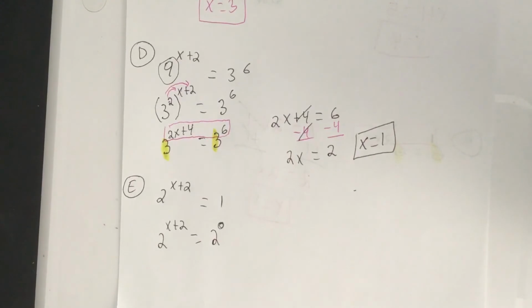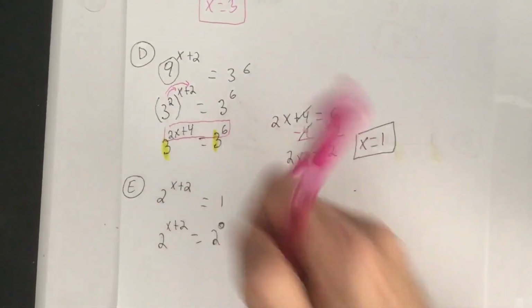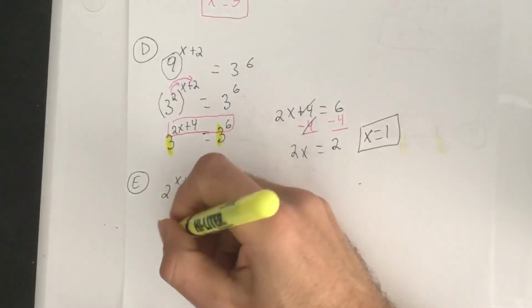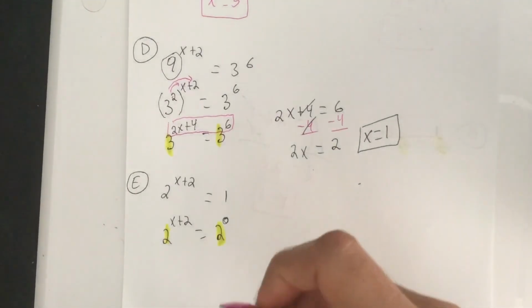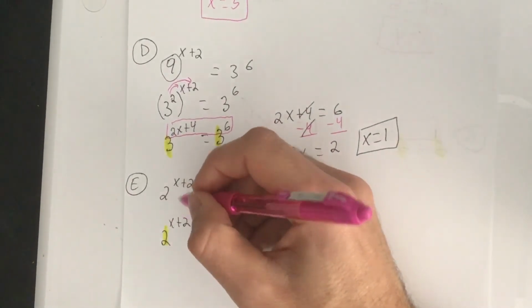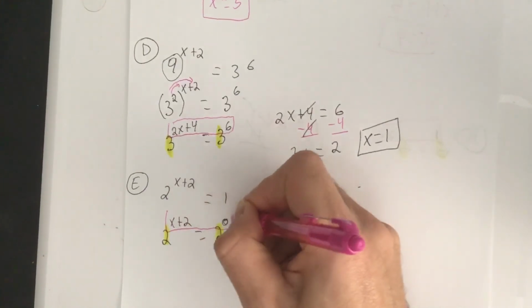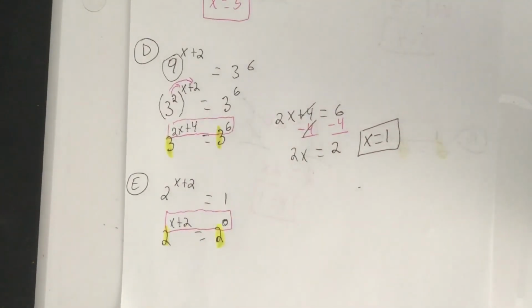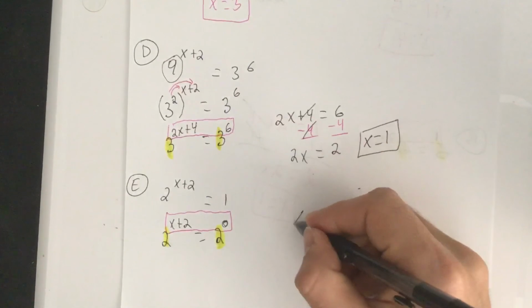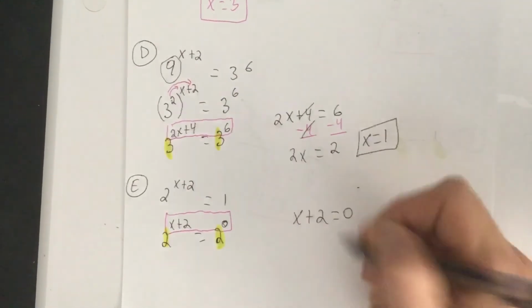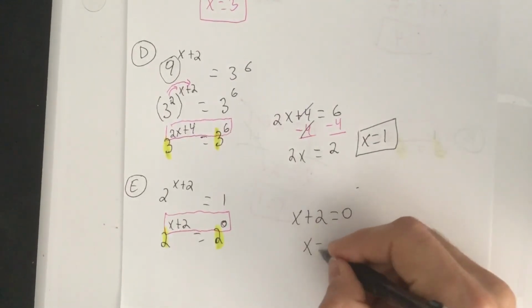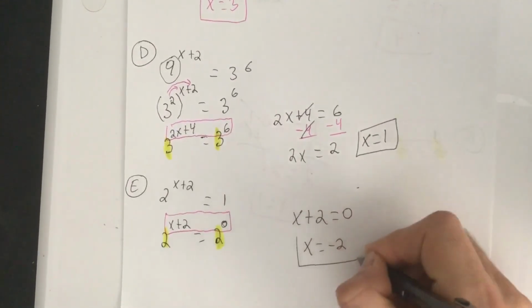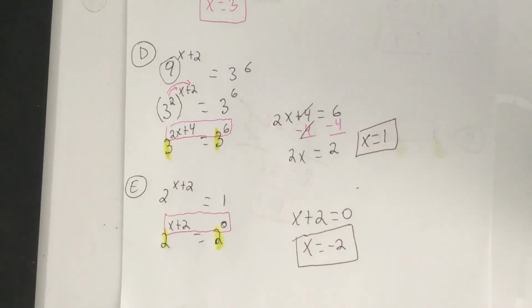So 2 to the 0 power is 1. So now, guess what? Same base. And we can equate exponents. So x plus 2 equals 0. Subtracting 2 from both sides of the equation gives you the answer, which is x equals negative 2. Pretty simple, not that complicated.